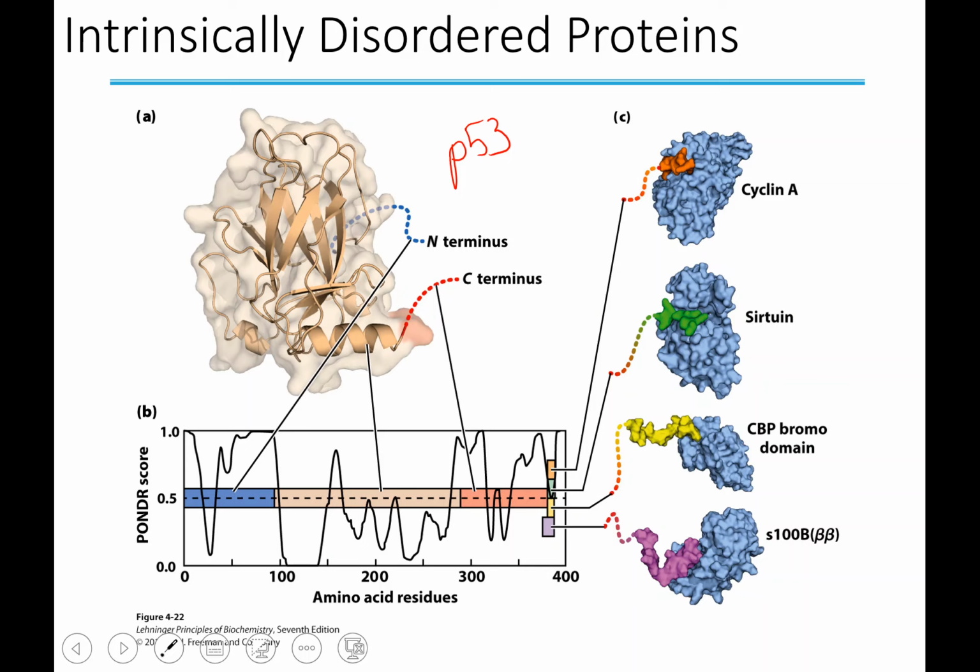So you can see when it interacts with a partner protein, here in orange at the top, cyclin A, it's forming a very ordered structure with that interaction. So it's intrinsically disordered in the native state, but when it's interacting with a partner, it becomes ordered, and it can adopt different conformations, shown here in different colors.